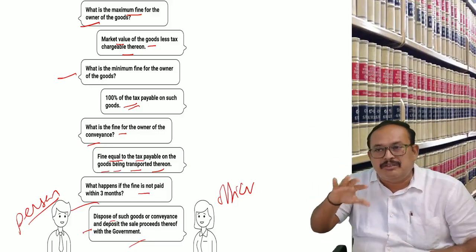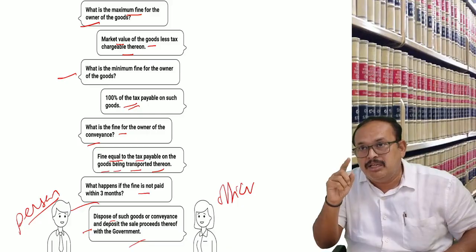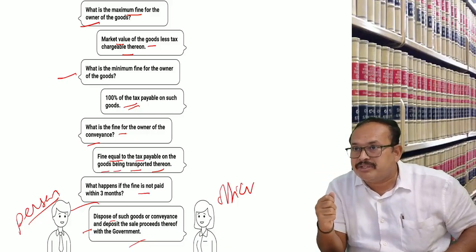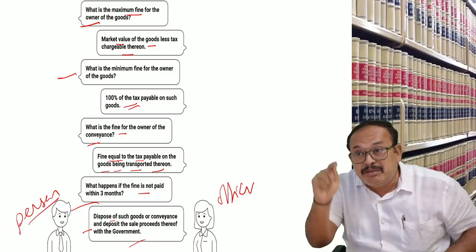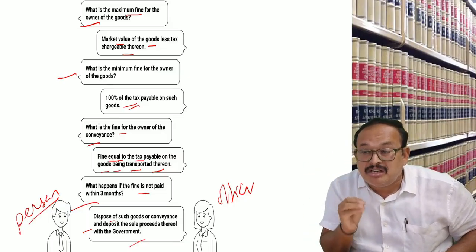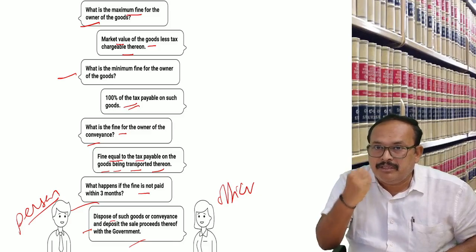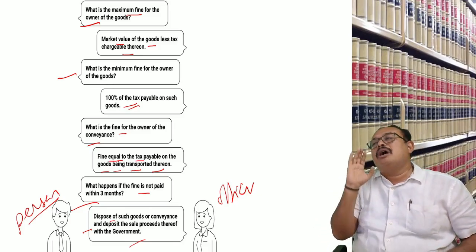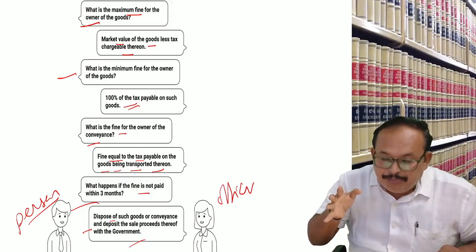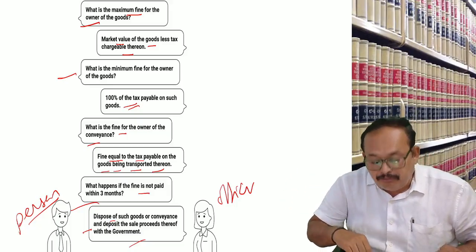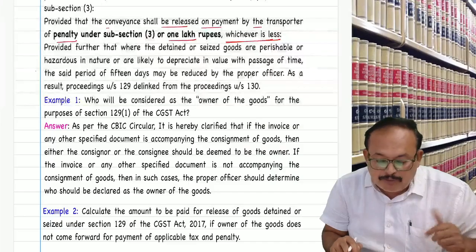After lunch I will take them up, because Section 130, compounding of offence, and Section 132, offences punishable with imprisonment, need to be understood with some stamina. Therefore, I will take them up after the lunch break. Is it clear? For the time being, Section 130, one problem from our workbook.